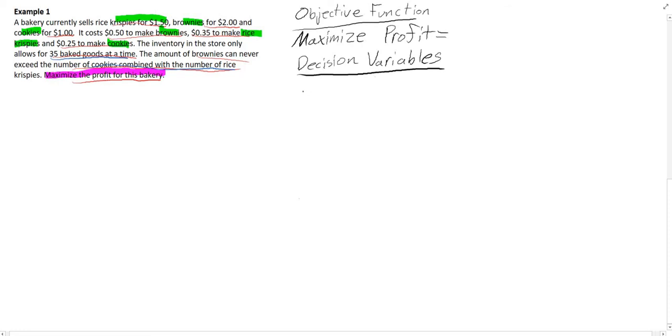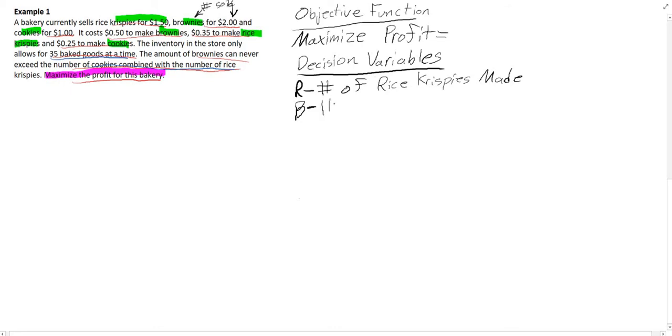So we're going to have R represent the number of Rice Krispies made. So clearly the number of Rice Krispies made is under the control of the bakery itself. The cost is not under your control, but the number sold is.